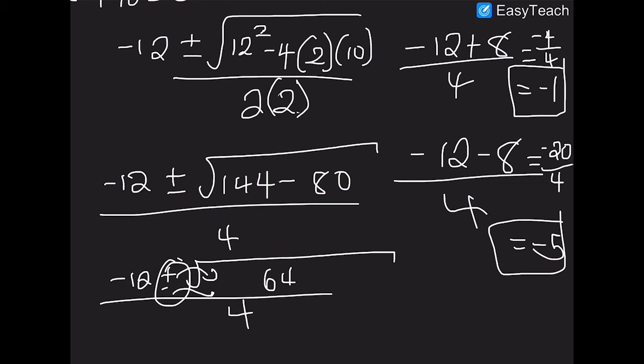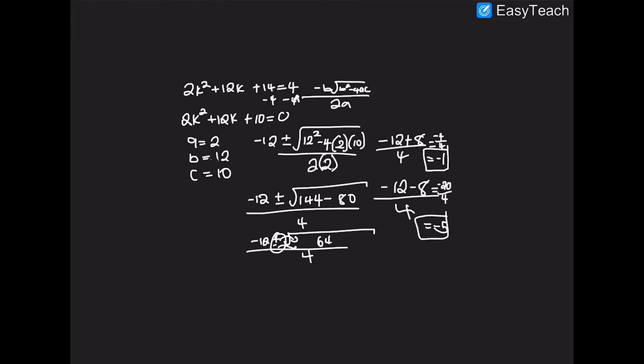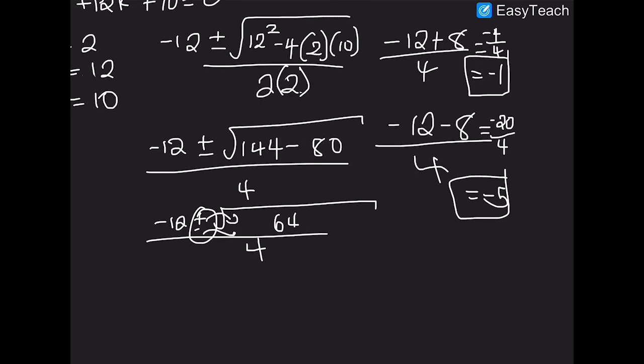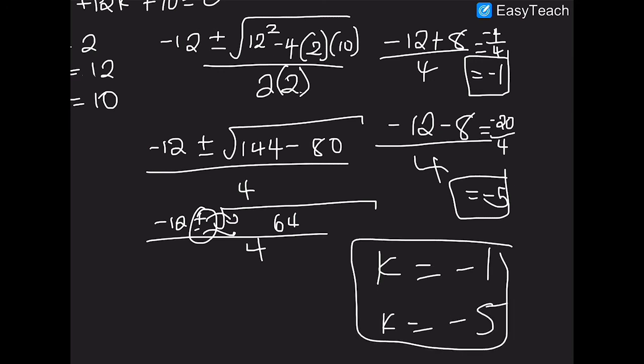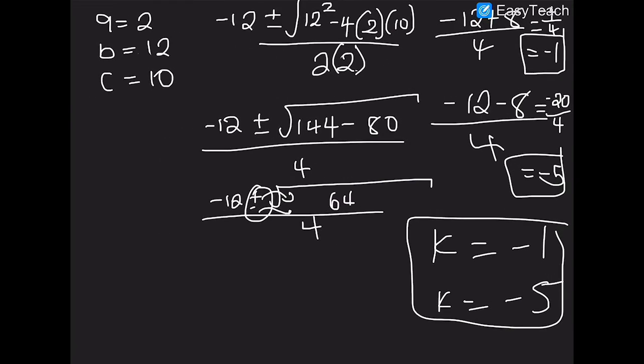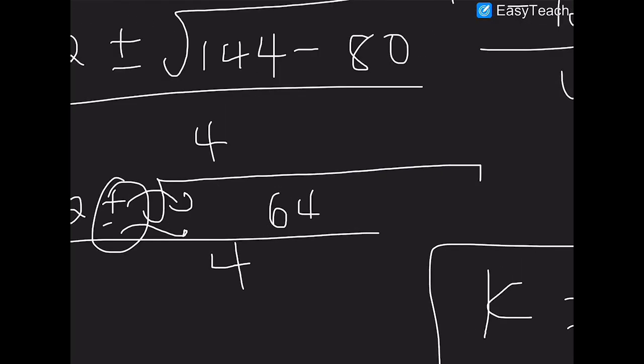So we can just say that k, because that's our variable, right? K is equal to negative 1 and k is equal to negative 5. So let's say in here was not a nice square root. I'm just going to change this to a 65, and we couldn't square root that.